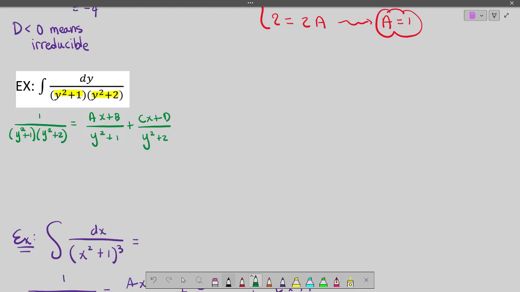And then, same thing we always do, multiply both sides by the left denominator. So we're going to end up with ax plus b times y squared plus 2 plus cx plus d multiplied by y squared plus 1.